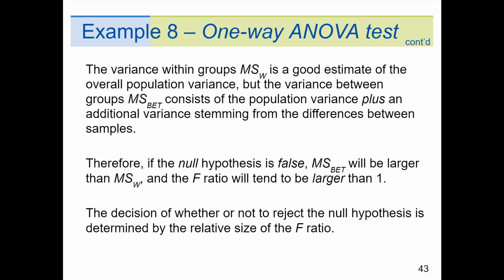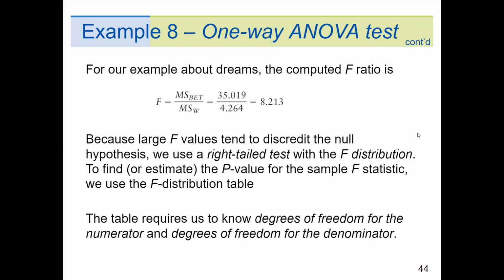The decision of whether or not to reject the null hypothesis is determined by the relative size of the F ratio. For our example about dreams, the computed F ratio is 35.019 divided by 4.264, which is 8.213.